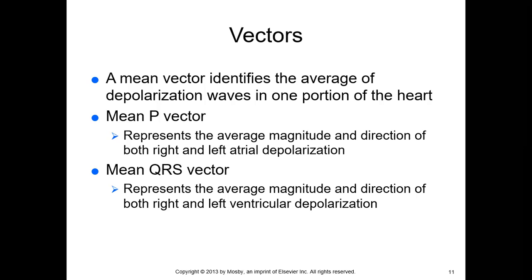Because the left ventricle is considered larger than the right ventricle, the right ventricle's depolarization forces are overshadowed on the ECG, which is why you see that higher peak on it. As a result, the mean QRS vector points down, that is inferior, and to the left.